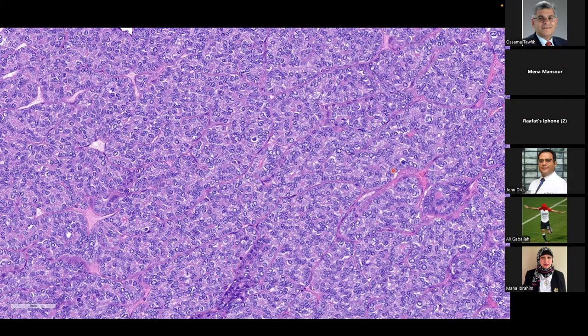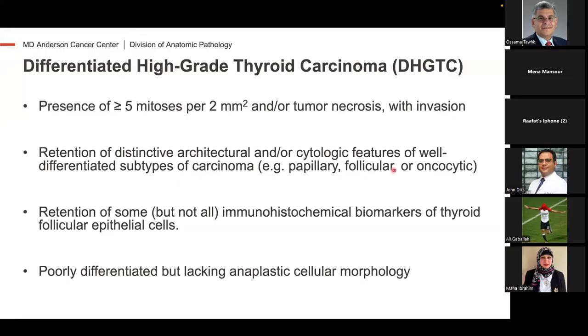We might mention that there's necrosis or increased mitotic activity, or sometimes we just ignore it, right? But we just call it PTC or follicular thyroid carcinoma. But now studies have gone through and found that these tumors with PTC features, or follicular thyroid carcinomas with mitotic activity or necrosis, have a worse prognosis.